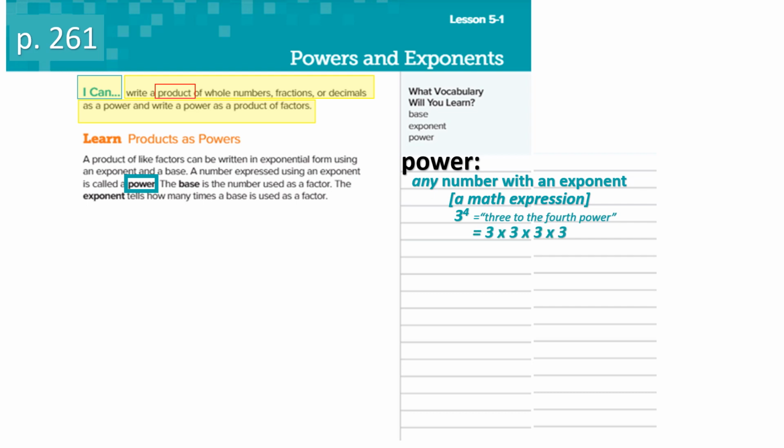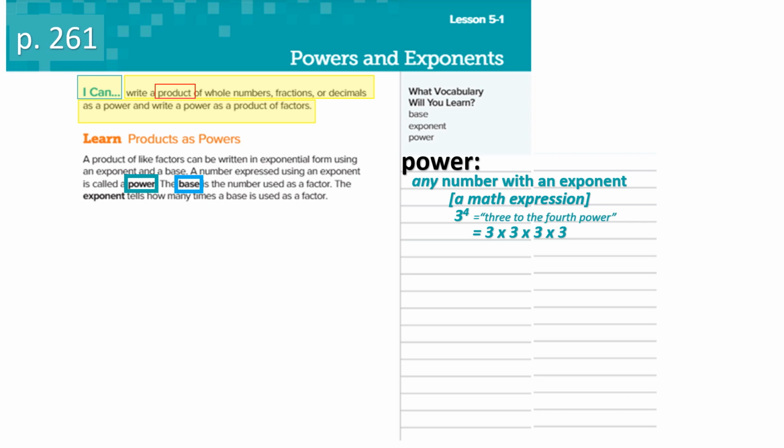So my math expression becomes 3 times 3 times 3 times 3. Once again, I take my base, the 3, and I'm going to multiply it by itself however many times the exponent tells me. If there was a 10 there for the exponent, I would have 10 different 3s written down and I would multiply them all together.